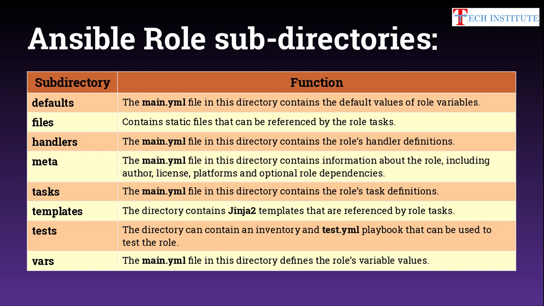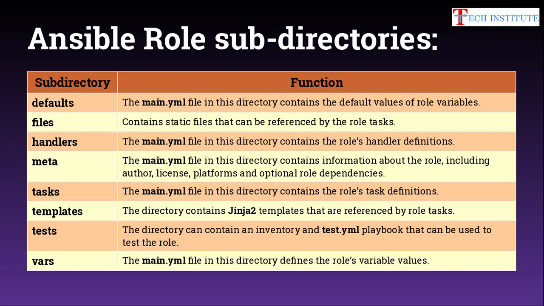Similarly, handlers, by the name itself we can understand, all the handler definitions are written in this directory, and the file name is main.yml. Similarly, the meta directory also has a file main.yml which contains information about the role, including author, license, platform, and optional role dependencies, like this role is dependent on some other role.